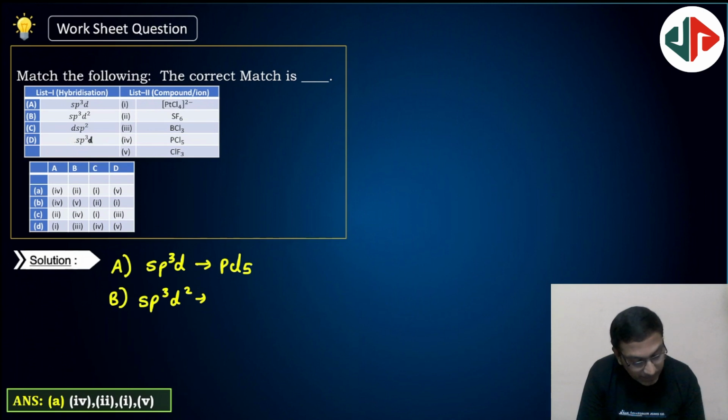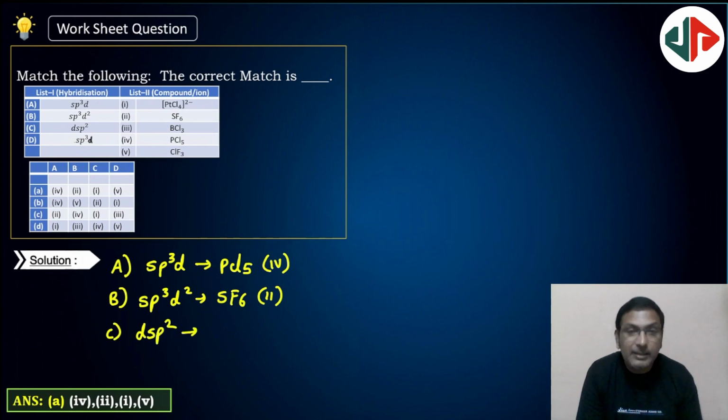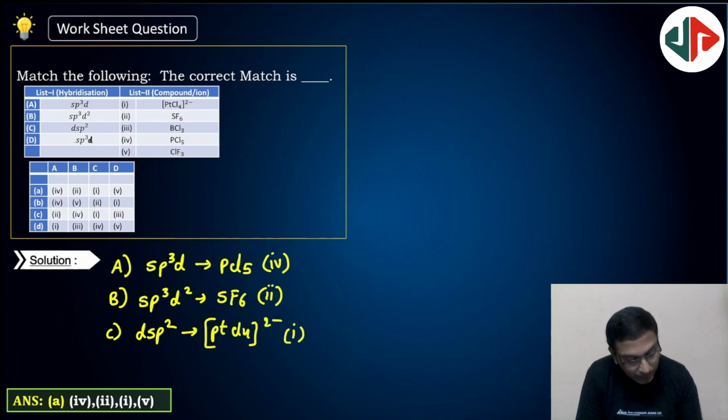So PCl5 is present in fourth option. Next SF6, it is present in second option. For C, dsp2. So most of the platinum complexes are dsp2 square planar. That means PtCl4 2 minus. It is present in 1.